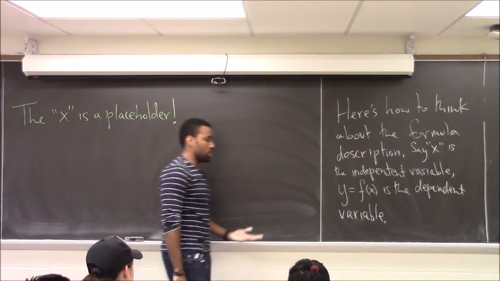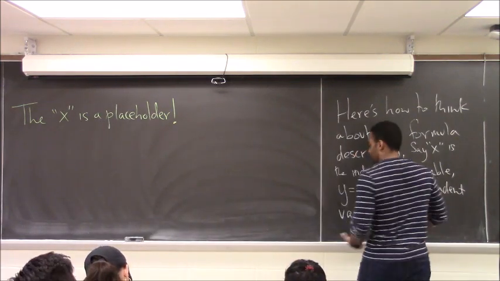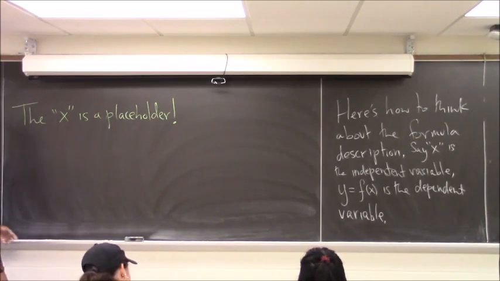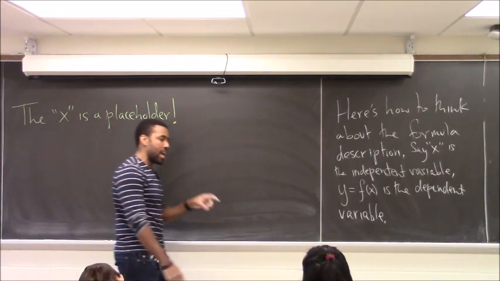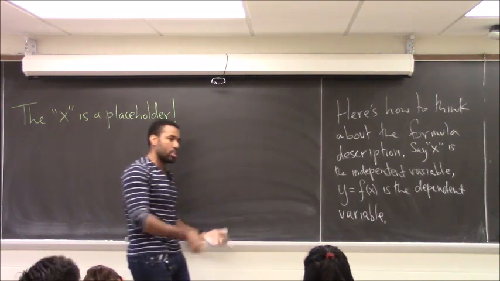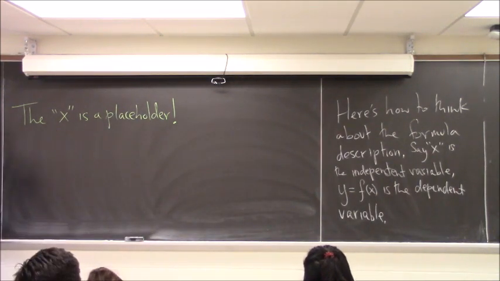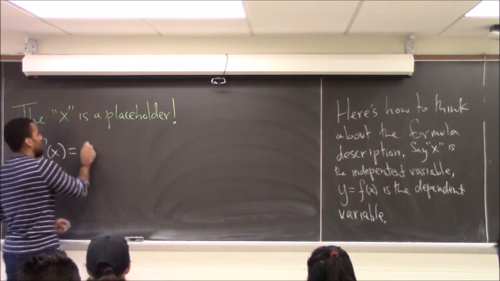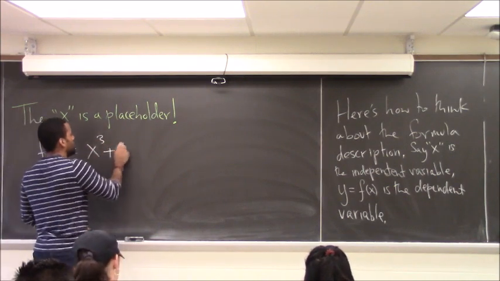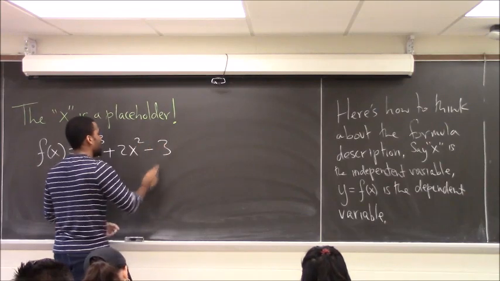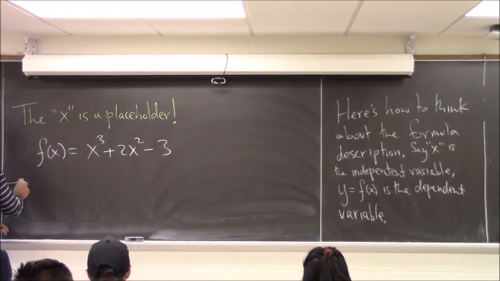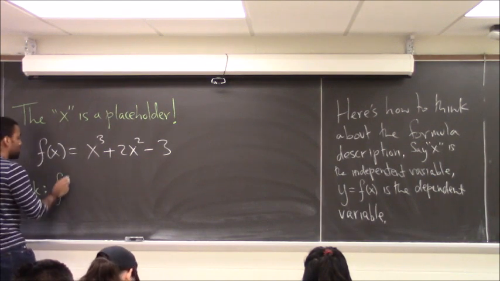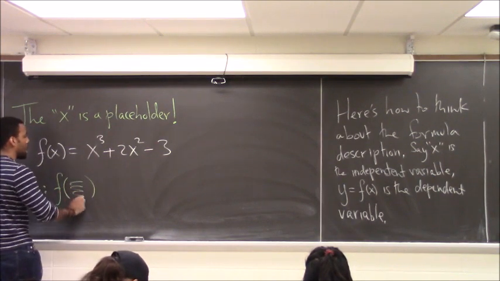Whenever you see a function formula, you do not want to think about it as some description of x. You want to think of it as a general description where x is just telling you where you can put anything you want. So if I write f of x equals x cubed plus 2x squared minus 3, what you should be thinking when you read that is, here's a function that tells me what to do with blah.